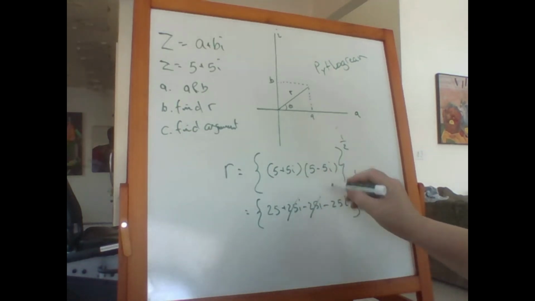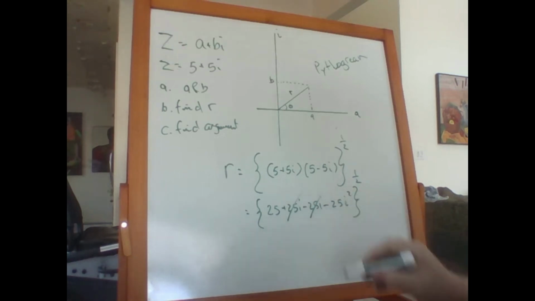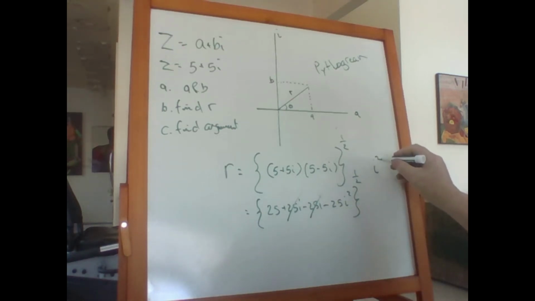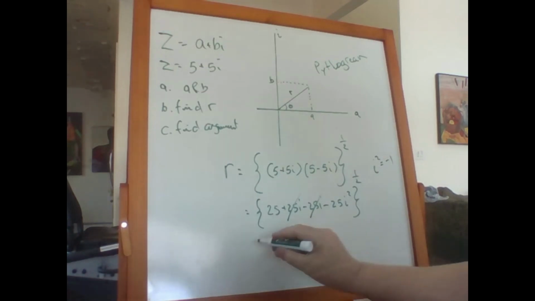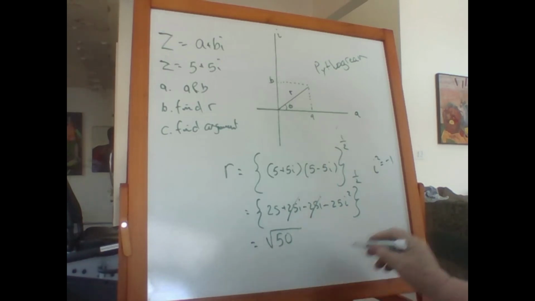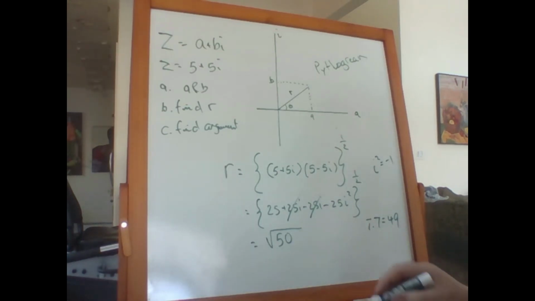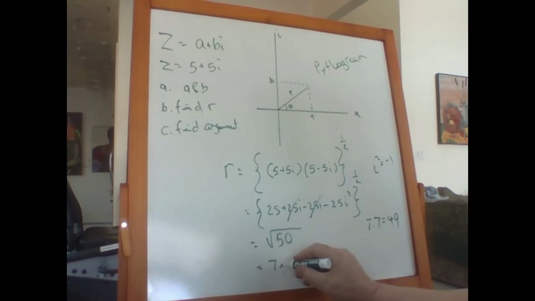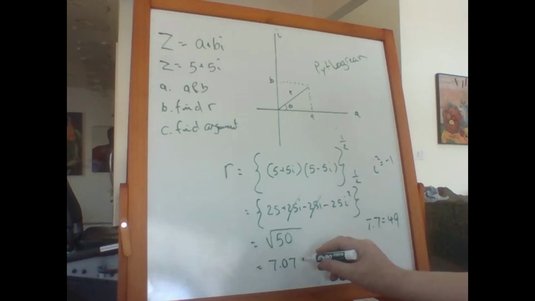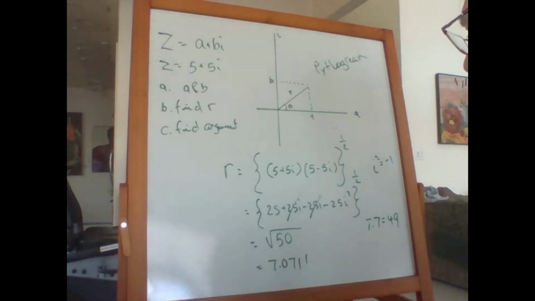Well, we know these two cancel, and that becomes plus 25 because i squared equals -1. So we have the square root of 50. Well, 7 times 7 equals 49. So it's going to be close to 7. And in fact, it's something like 7.07, I don't know, 11, something like that. It's an approximation. So this is pretty cool stuff.